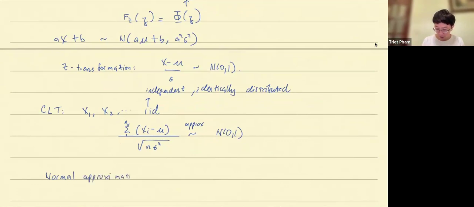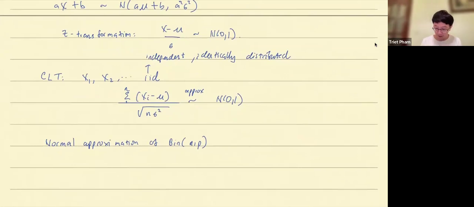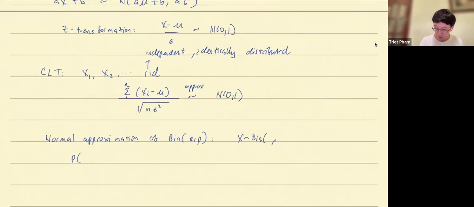Normal approximation of binomial n, p, which says that, let's say X has a binomial n, p distribution, then the probability of a less than X less than b.